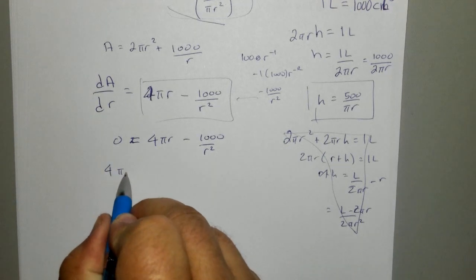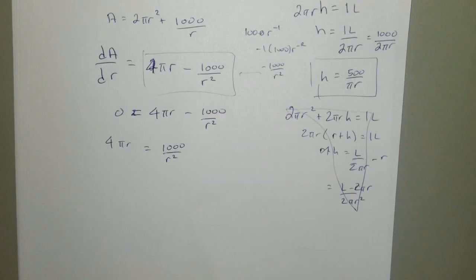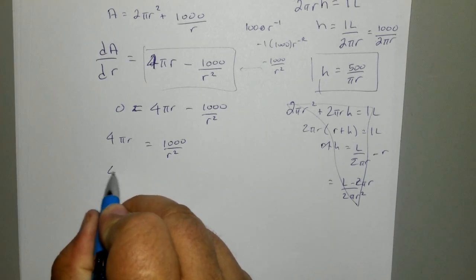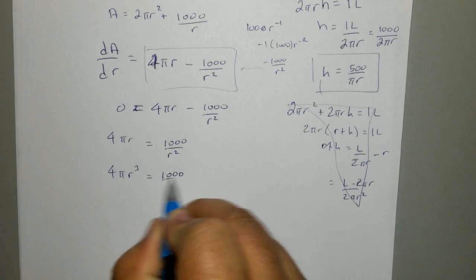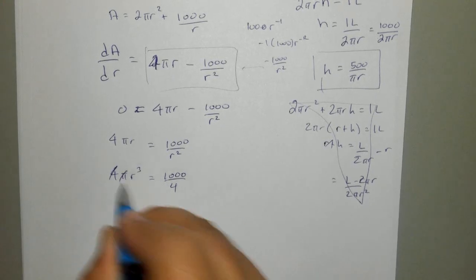So we get 4 pi r equals 1,000 over r squared. What are we solving for? R. We got 4 pi r cubed equals 1,000, over 4 pi.